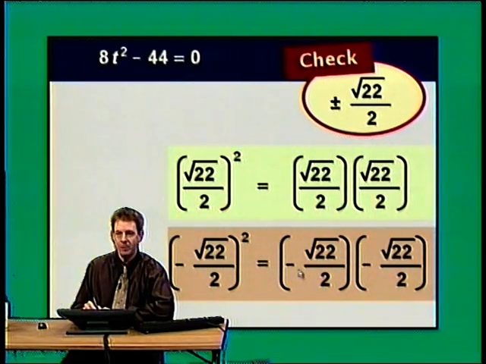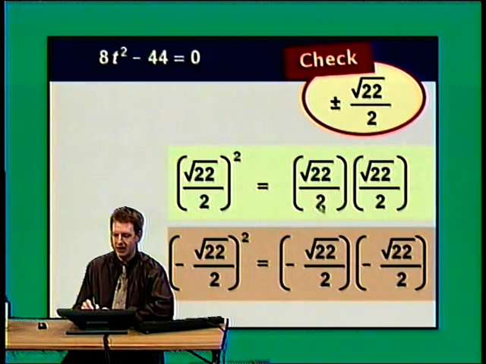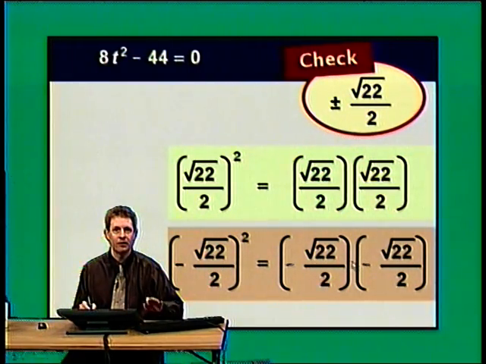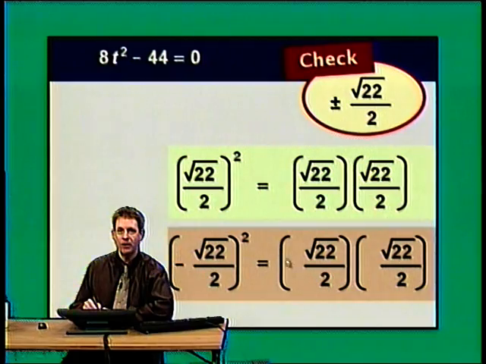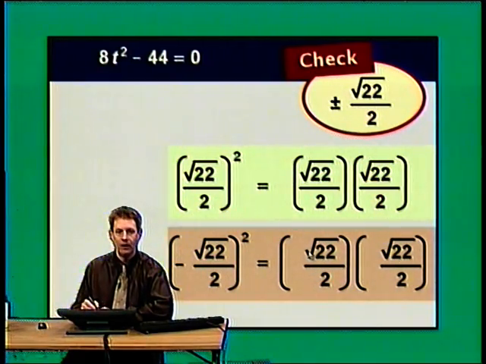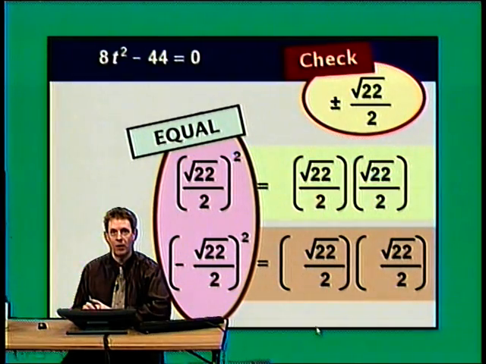But when you multiply two negative numbers, the result is positive, just like when you multiply two positive numbers. So the product of these two negative numbers is the same as the product of two factors of positive radical 22 over 2. Look at the right side of these two equations. They're identical. Consequently, the left sides are also equal to one another.